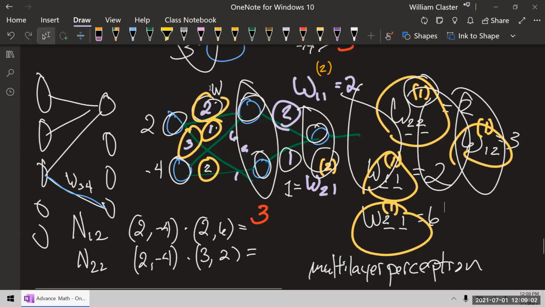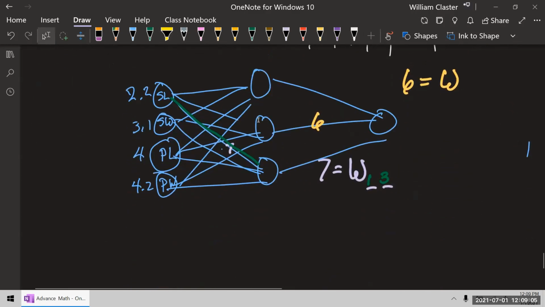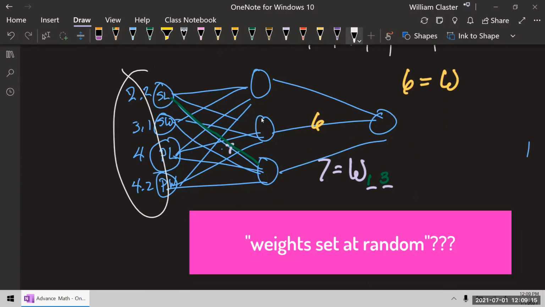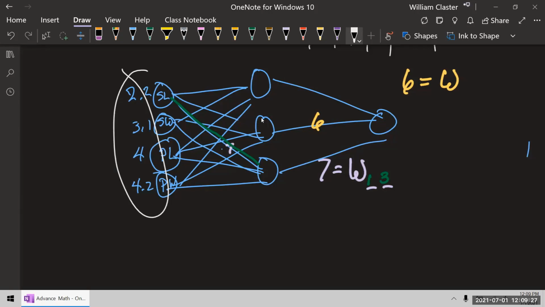Now, the question now is, how does the network learn? You see that you can take your data here and you set up all these weights, and these weights are set at random. So when I say these weights are set at random, you must be thinking, well, how can this make a decent prediction then? We're trying to predict, is it an iris setosa, an iris virginica, or an iris versicolor?